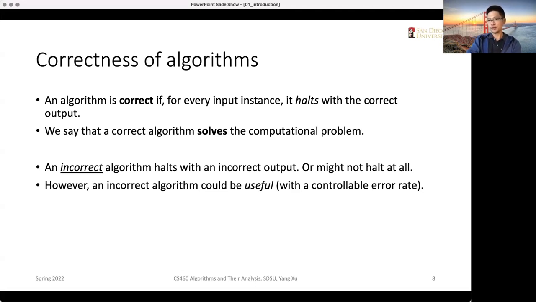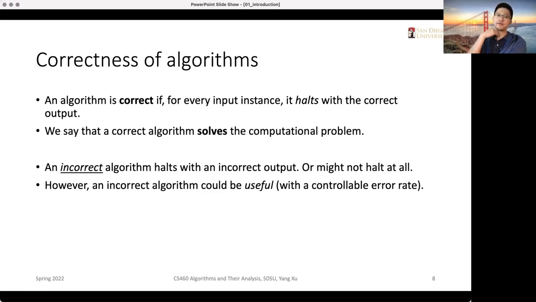As long as we can control the error rates, like we can make sure that maybe 99% of the time the algorithm will produce correct outputs, but for that 1% it will output some errors. If that is the case, then we need to consider the trade-offs.